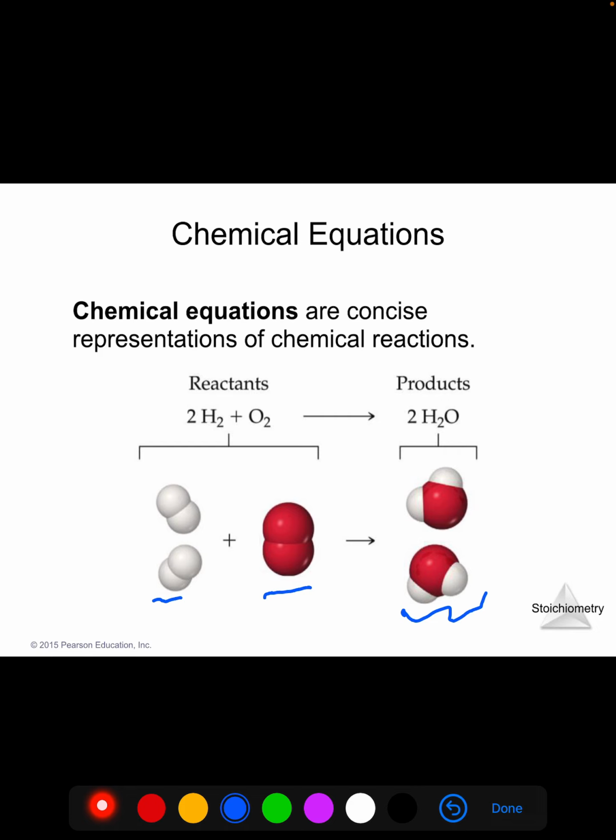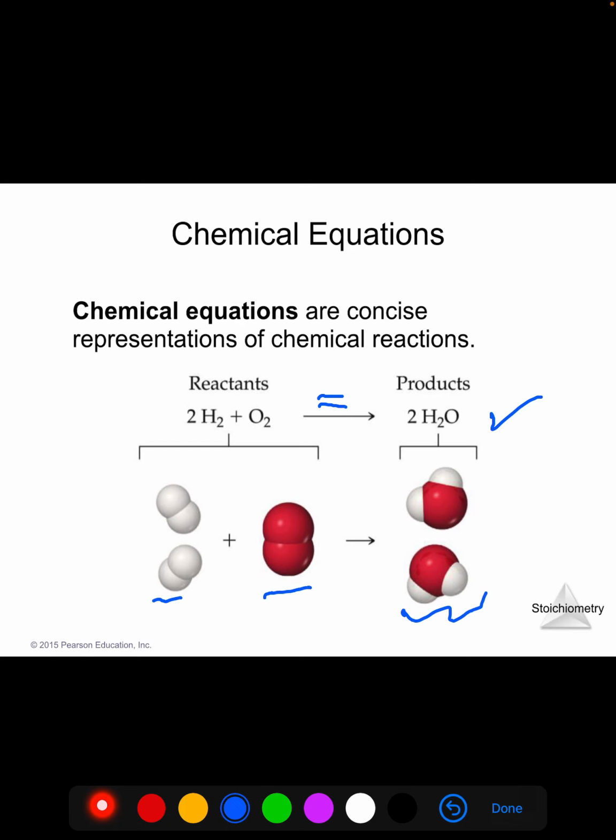And so let's talk just briefly about these chemical equations and what they tell us. Like any good equation, we have two sides to the equation. And in chemistry, instead of an equal sign, we use an arrow, which can be read as equals, but more properly as react to form, or gives us, or yields.